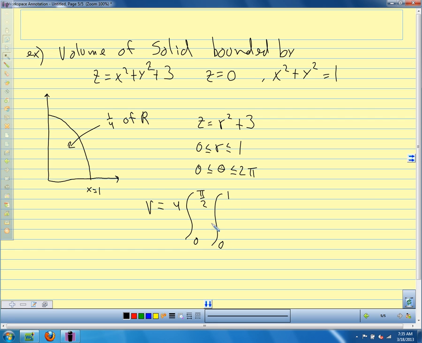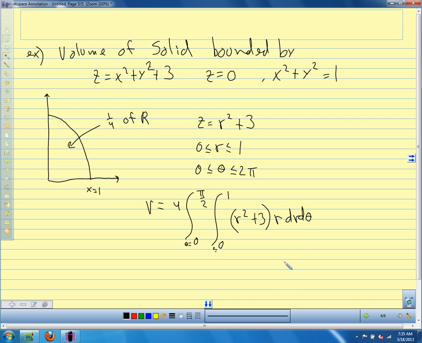And if it helps, and when we get to triple integrals it might help, you can write, just as a reminder, theta equals and r equals, to remember what you're talking about here. Our function is just going to be r squared plus 3. That's our height above the xy plane, and r dr d theta.